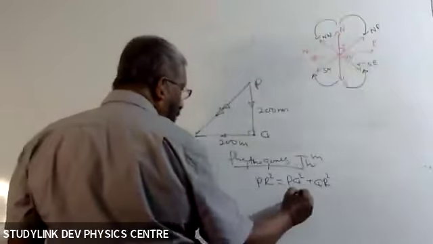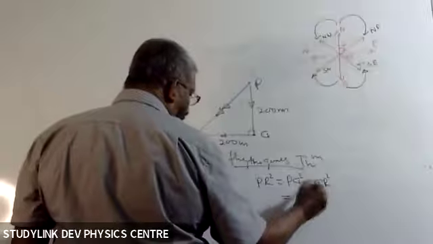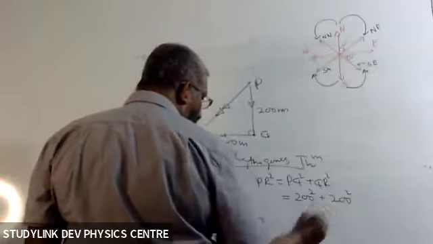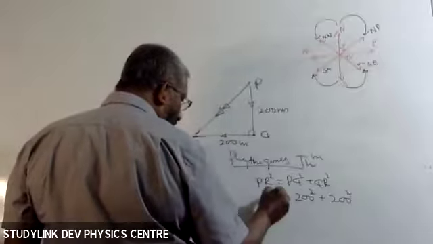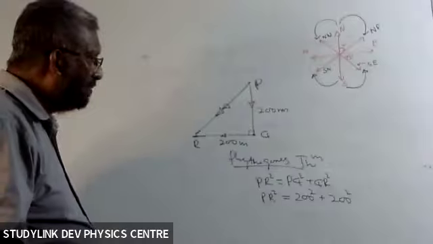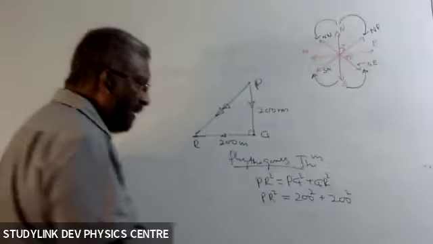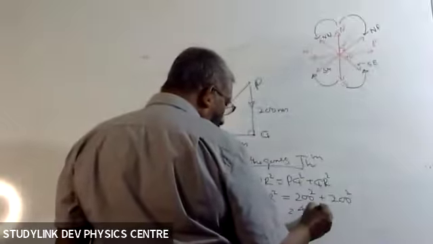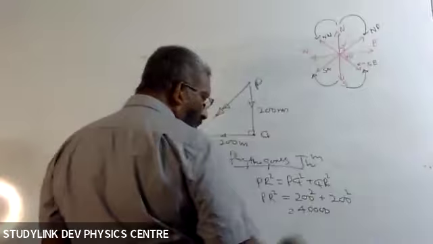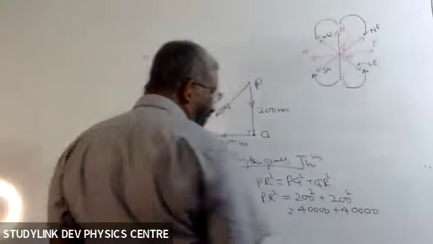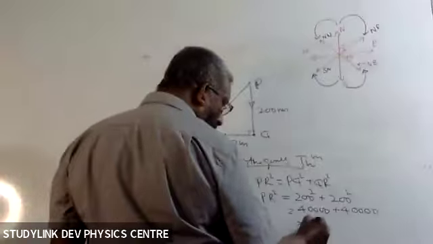Then PQ is 200 squared plus again 200 squared, PR squared. Actual values I'm considering: 4, 1, 2, 3, plus 4. Then altogether 8.